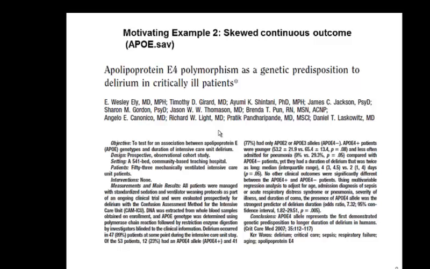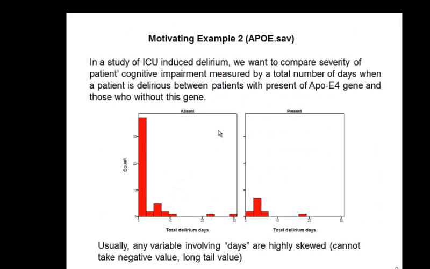We are analyzing the effect of having the ApoE4 gene on prolonging delirium days in the ICU. We measured patient cognitive status every day while patients were in the ICU, and we counted the number of days where they were observed with delirium.